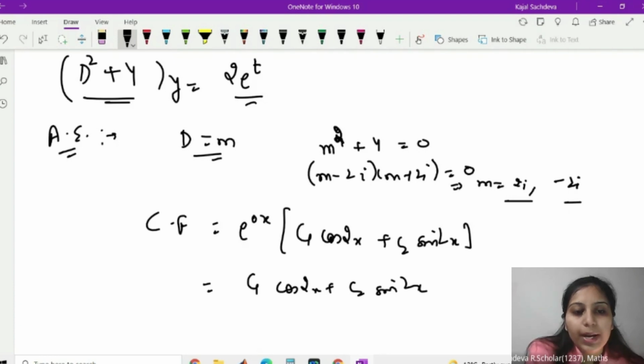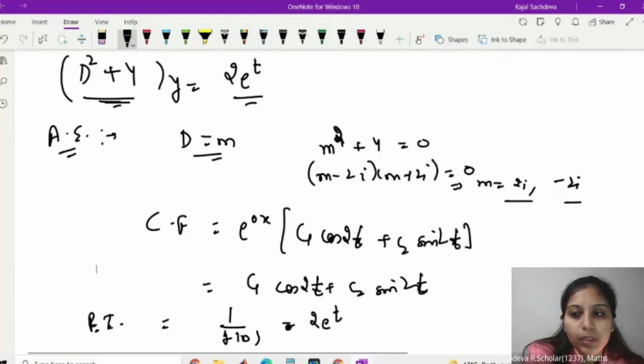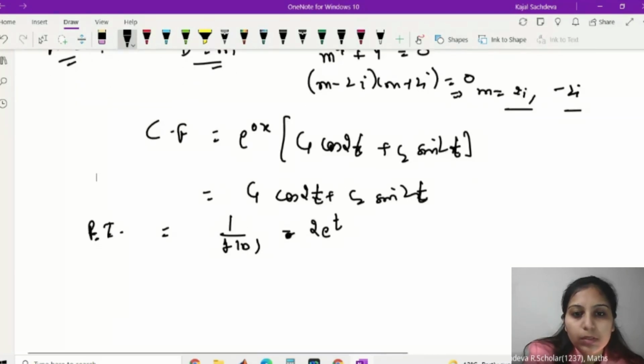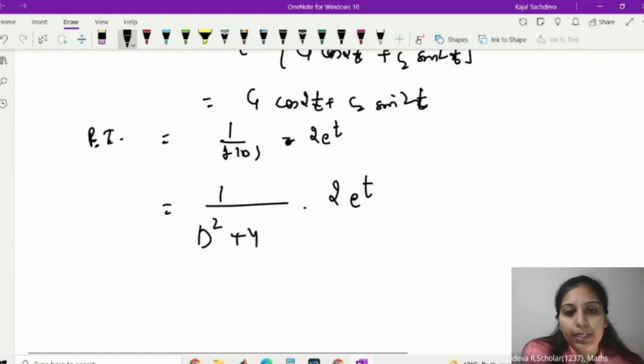Now for finding PI, PI is equal to 1 upon f(D) into 2 e raised to power t. Here the independent variable is t, so do not write x, just write t in place of x. f(D) is D square plus 4. So PI is 1 upon D square plus 4 into 2 e raised to power t.